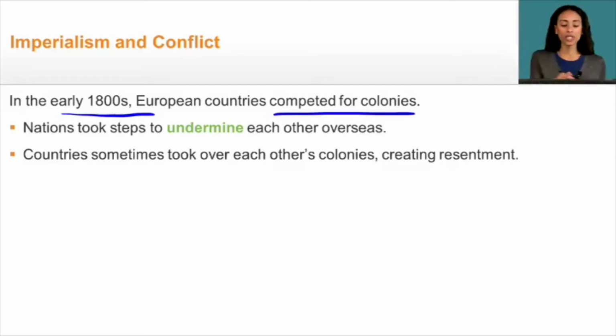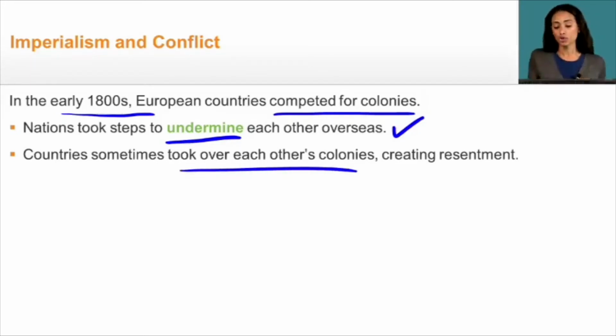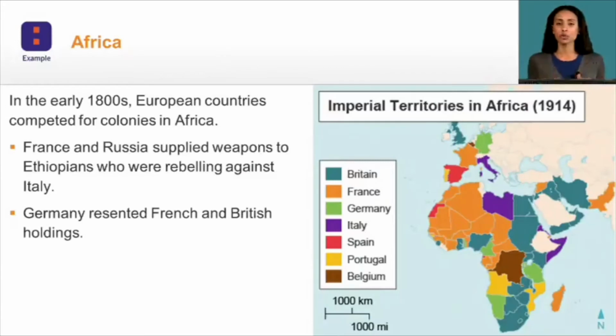And so as a result, nations are taking steps to undermine or kind of secretly hurt each other overseas. And sometimes countries are even going so far as to take over each other's colonies, which is creating a lot of resentment and bitterness.